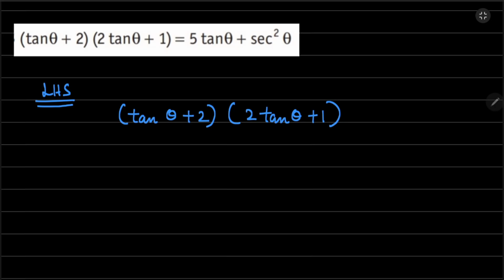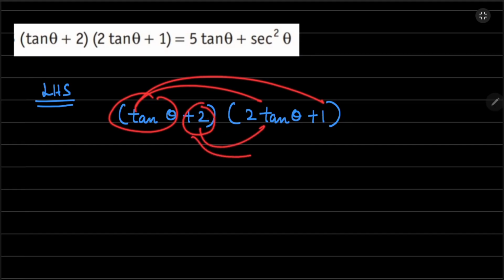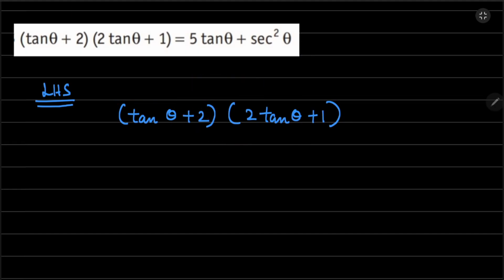Just multiply each term of the first expression with all the terms of the second expression. Okay, so do it step by step. So the first one is tan theta multiplied by 2 tan theta. It is nothing but 2 tan square theta plus tan theta multiplied by 1, which is tan theta.